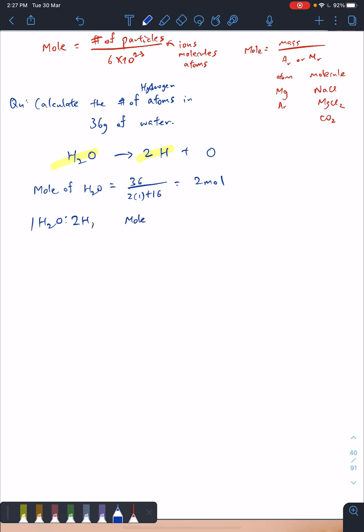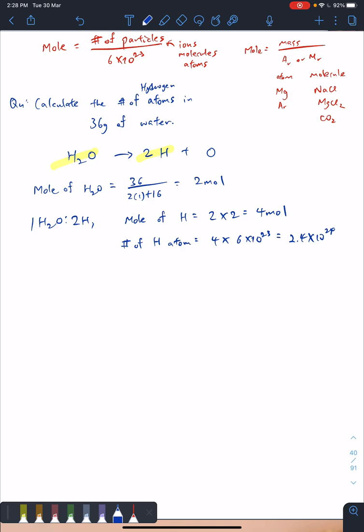So 1:2, so it's a times 2 factor. So mole of H will be 2 times 2. It gives you 4 mole. And you are almost there. Number of H atoms is 4 times 6 times 10 power 23, equal to 2.4 times 10 power 24.